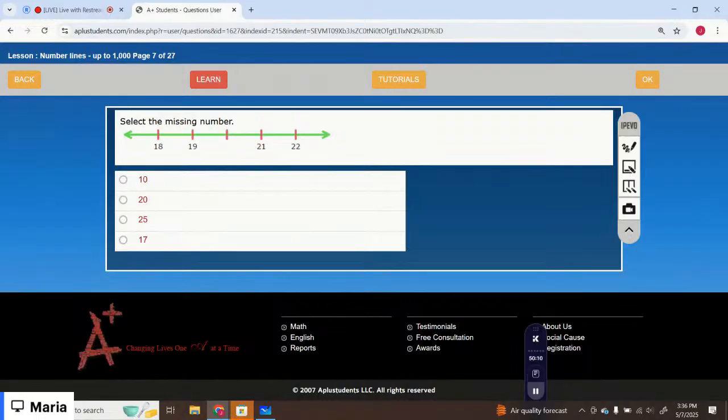Select the missing number. That is 20. Option number two is the correct option.